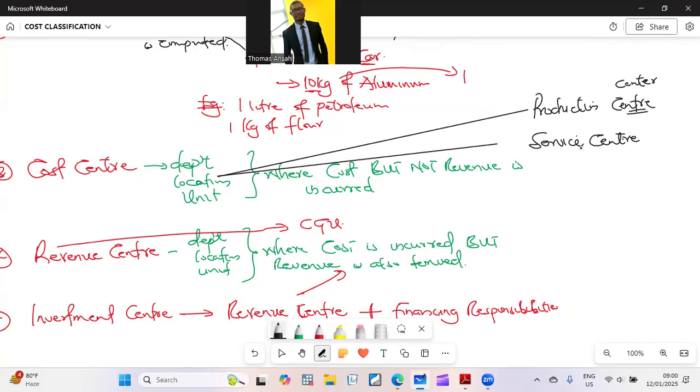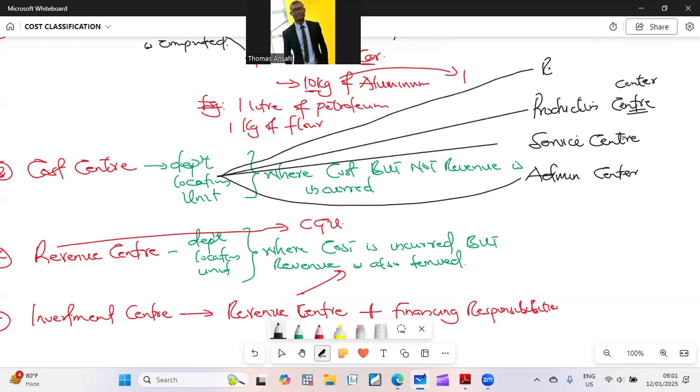You even have admin, don't we? That is what most of us go to school to learn, BSc administration. So where the accountants and also the HR and the other legal departments are, they are also part of those centers. And these days, the latest one is the research and development center of an entity.